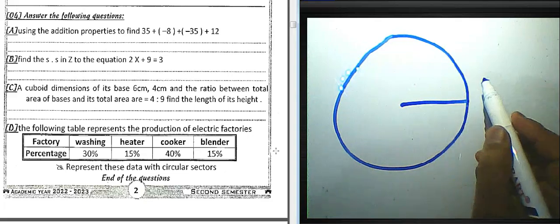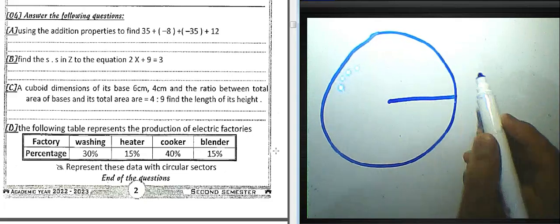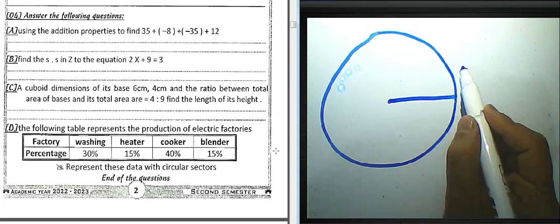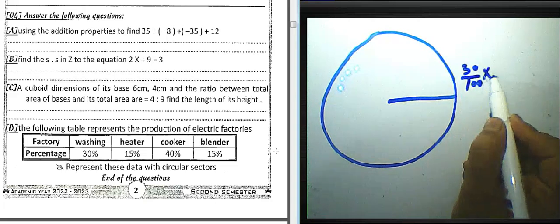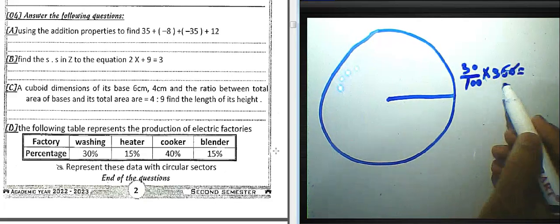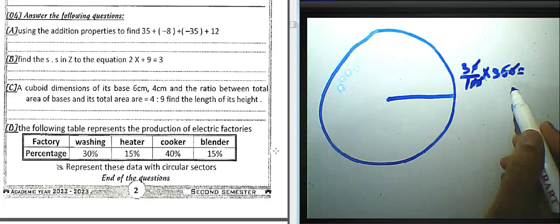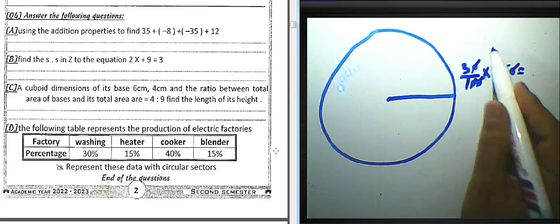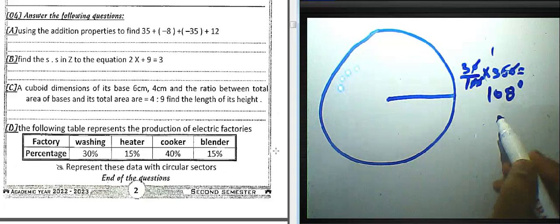For the circular sector of washing, 30%, 30 over 100 multiplied by 360. We can cancel 0 by 0, and 3 times 36. 3 times 6 equals 18, write 8 and carry 1. 3 times 3 equals 9 plus 1 equals 10. The result will be 180 degrees.